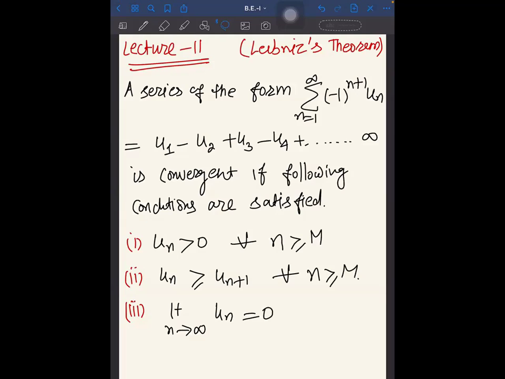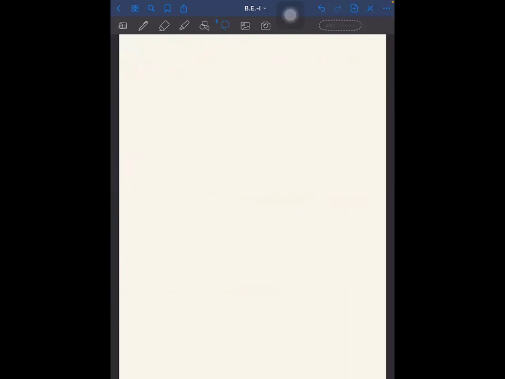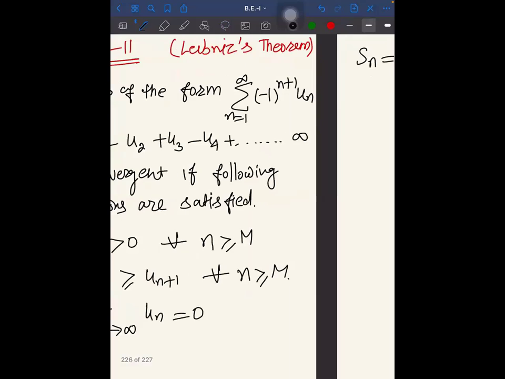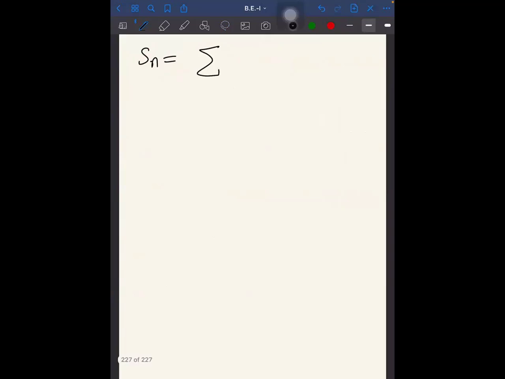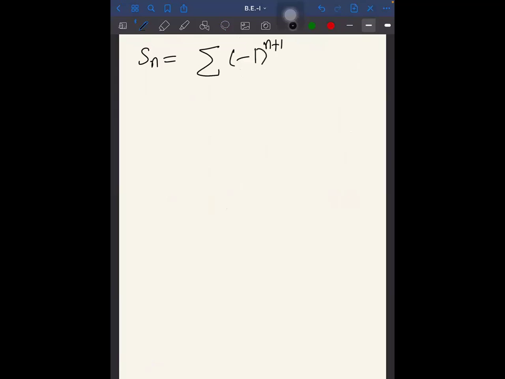So what I'm doing is, if I want to write S_n, that would be the sum of (-1)^(k+1) u_k, where k runs from 1 to n.